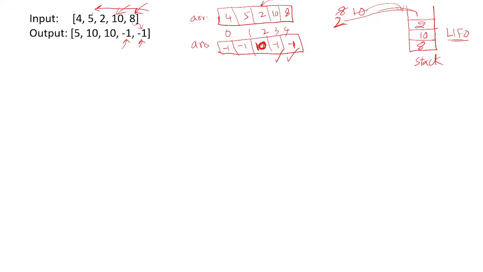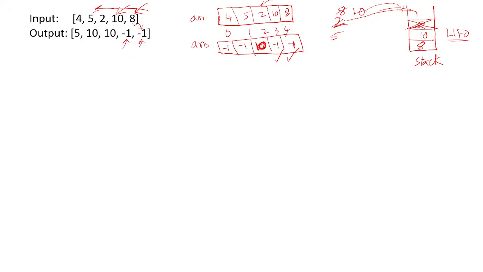Then we'll go with the next element. We'll process the next element 5. Then we will test whether the stack top element is greater than this. No, it is smaller. If there is any smaller element present at the stack top, we will pop and throw it out. That is not going to be the next greater element.